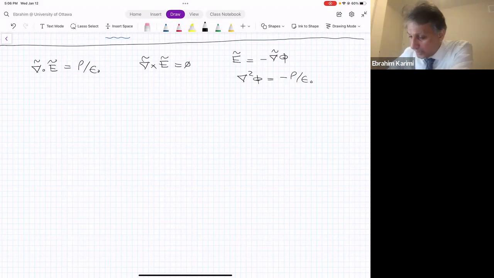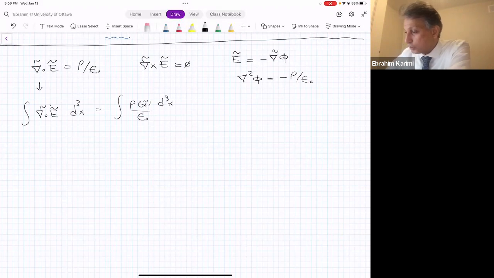If you take the divergence of the electric field and integrate over the volume, you have the integral of divergence of E dv, or d3x, equal to the integral of rho of x d3x divided by epsilon naught. So you have the electric field in a volume.